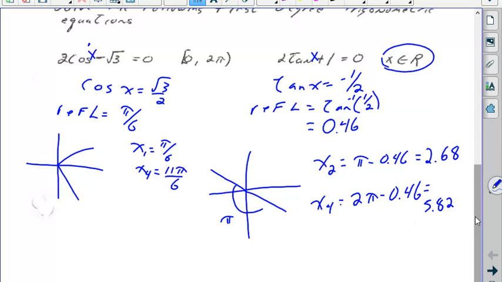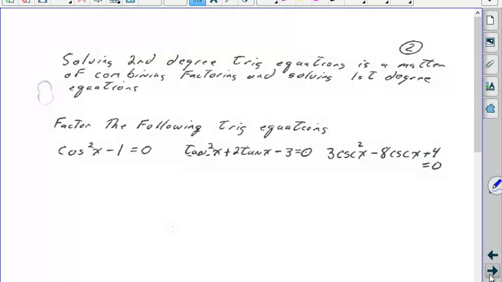So all I'm going to do is take my solution in quadrant 2 and add pi in. So that means all those half rotations around my circle, or that. Because that includes the 5.82 in there. Again, these are the two skills that we have from previous to apply to our second degree trig equations.